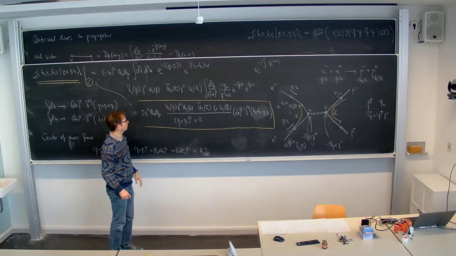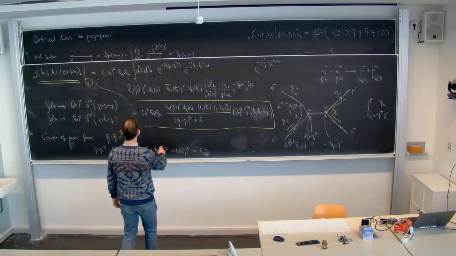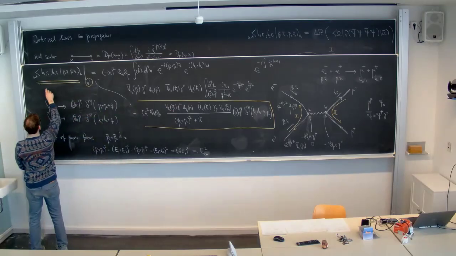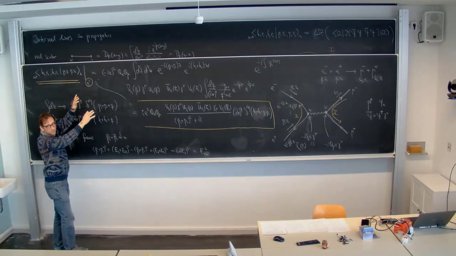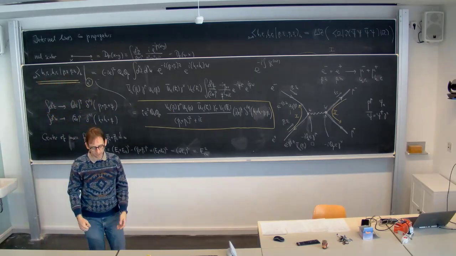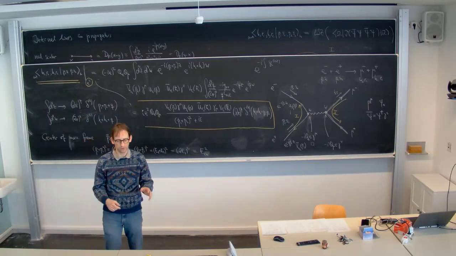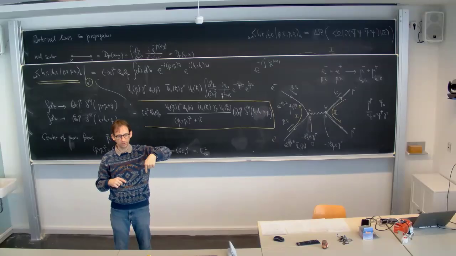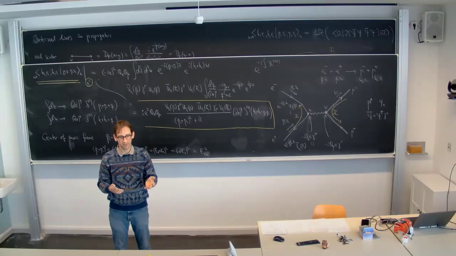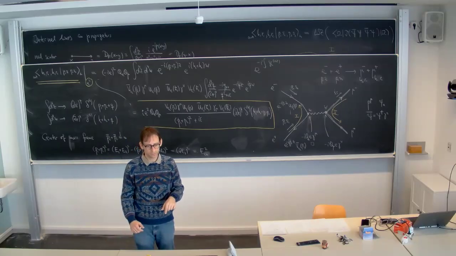The question is now, how are we going to sum and average? Do I just write a summation here, a sum there? Do I add this amplitude plus the one with the other spins? That is the question. Do you have a coherent superposition of your spins? If you have a spin up and a spin down with a specific sign in between, say spin up plus spin down, what is that? Normal spin 1/2, up plus down. I don't even remember.